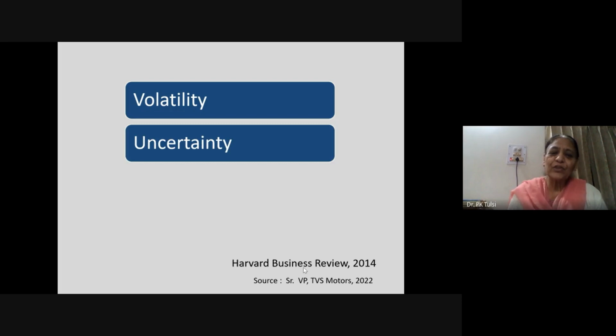The second thing which we observe is that there is a lot of uncertainty. So we cannot predict the phenomena with confidence. Whether it is what will be the consequences of a given situation, or whether the decisions taken will be right or wrong, there's a lot of uncertainty prevailing in the environment.